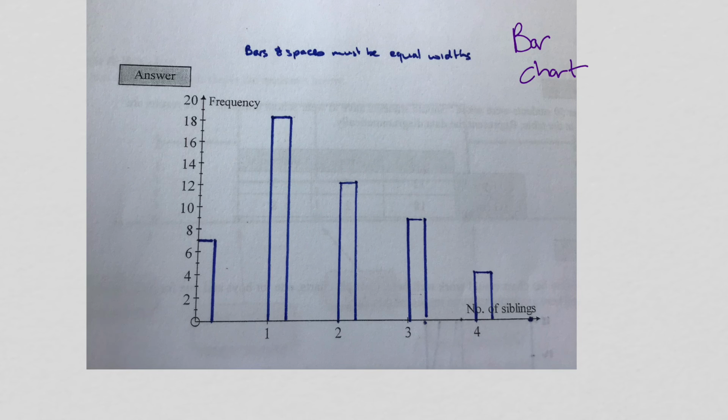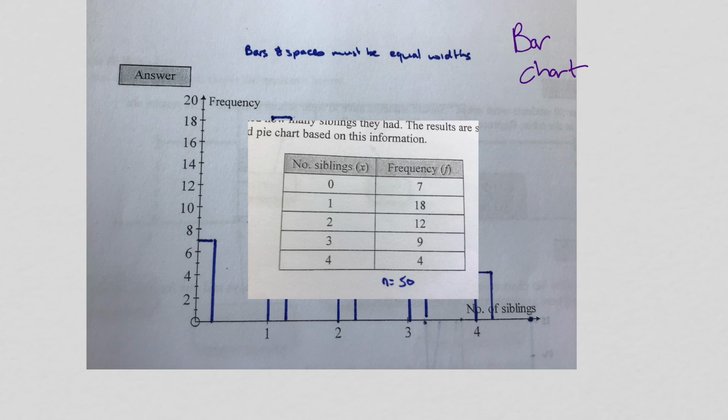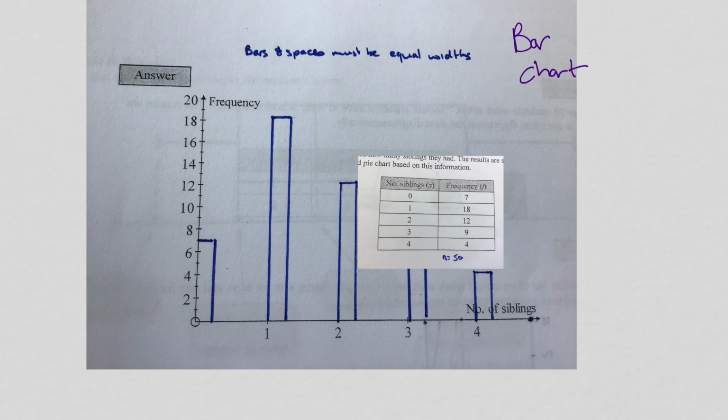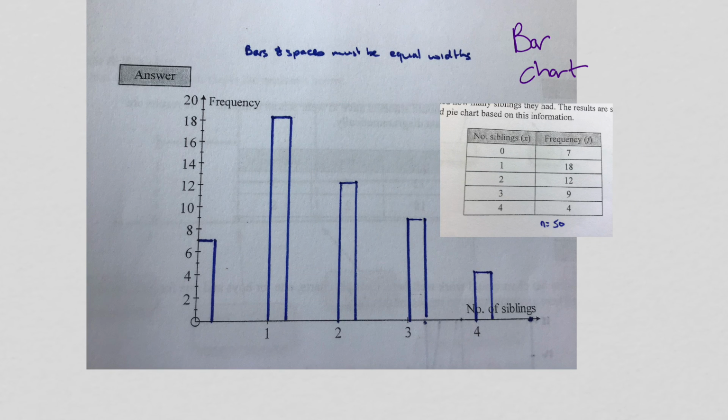This is for discrete data. Now, just a reminder what discrete data is. If I ask you how many siblings you have, you either have one, or you have two, or you have none, but you don't have 5.67 siblings, right? So this is discrete data. Bar charts are suited to discrete data. So the data is discrete, and the bars are always the same width.